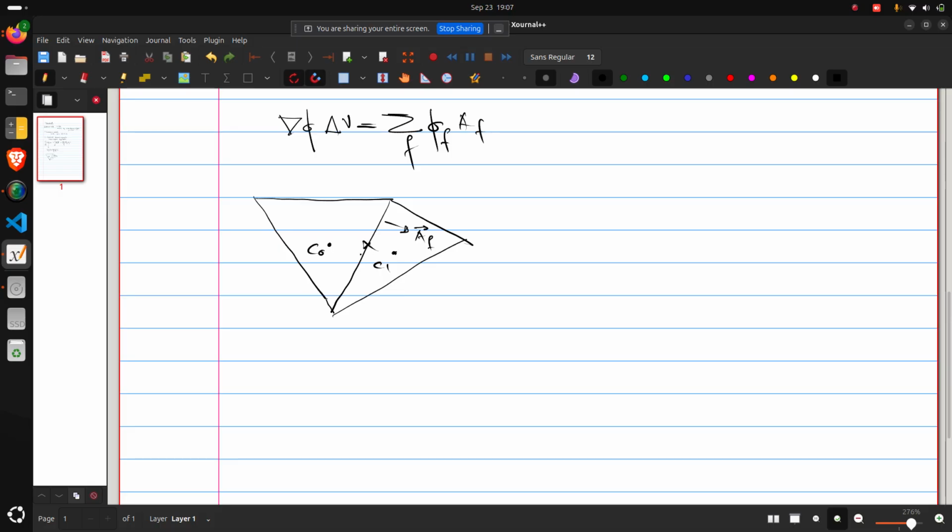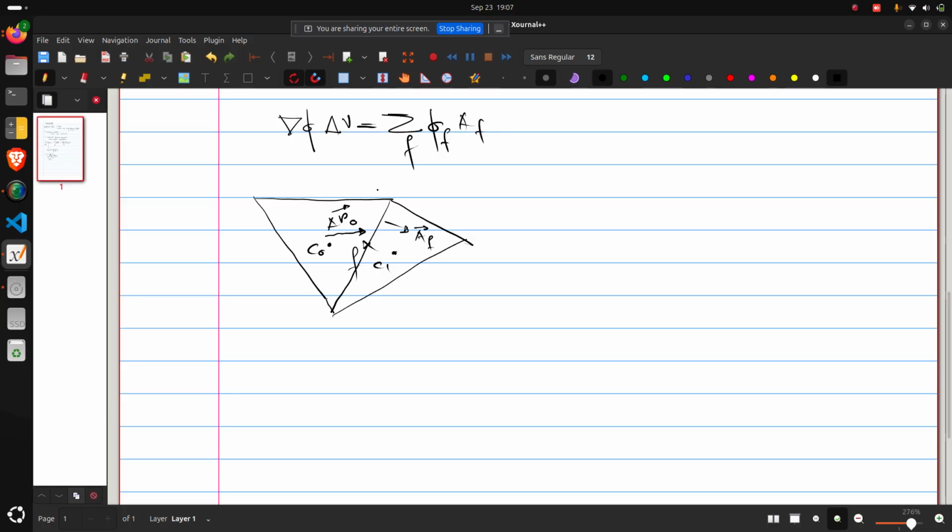So this is the value we are interested in, and let this vector delta r0 bar be the vector which connects the cell center C0 and the face center.